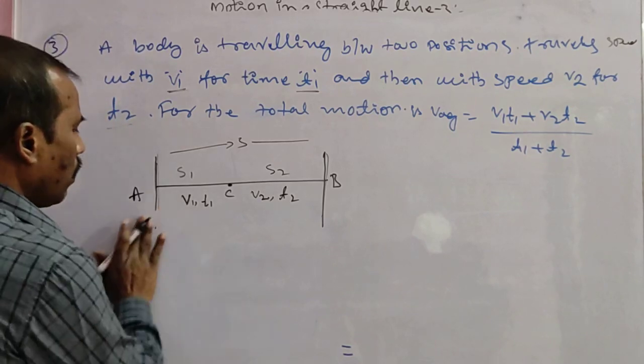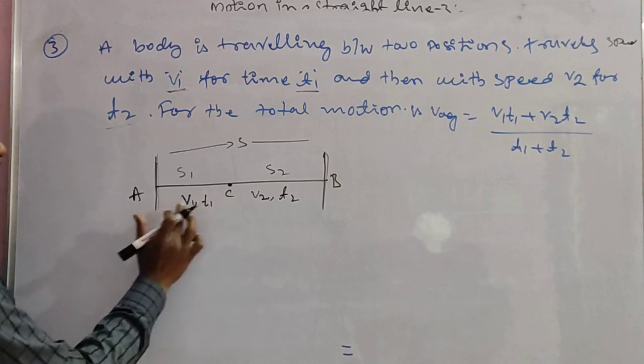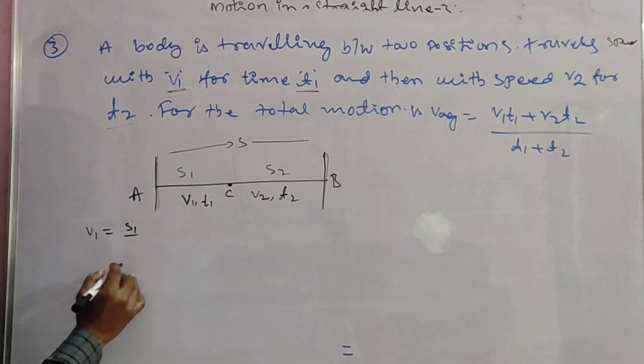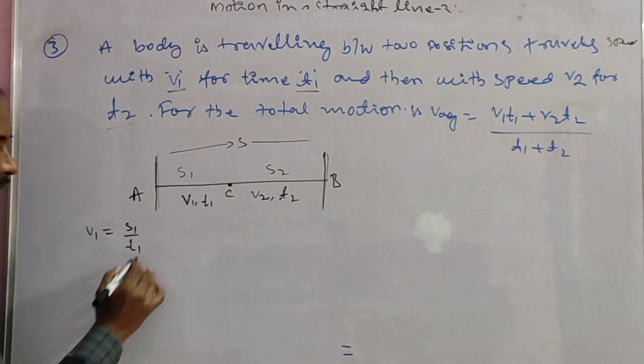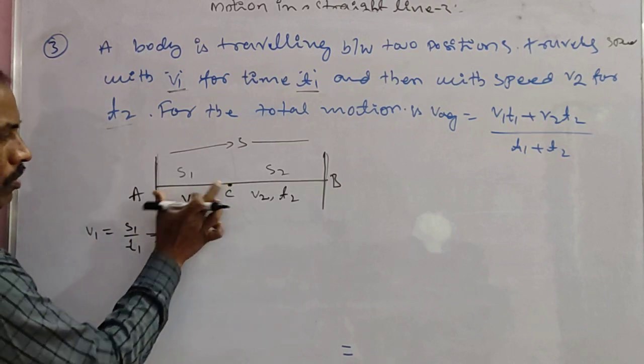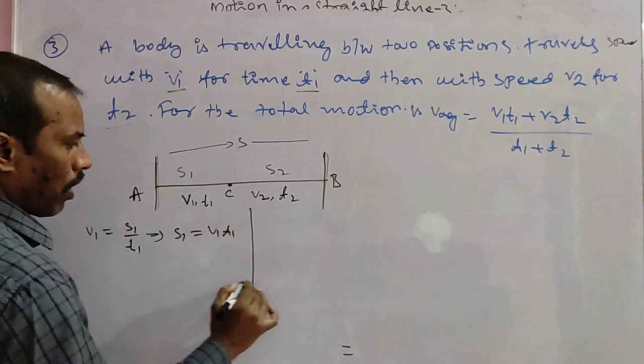Now in this problem, for the first part, velocity is equal to displacement by time, s1 by t1. So s1 is equal to, by cross multiplication, v1 and t1.